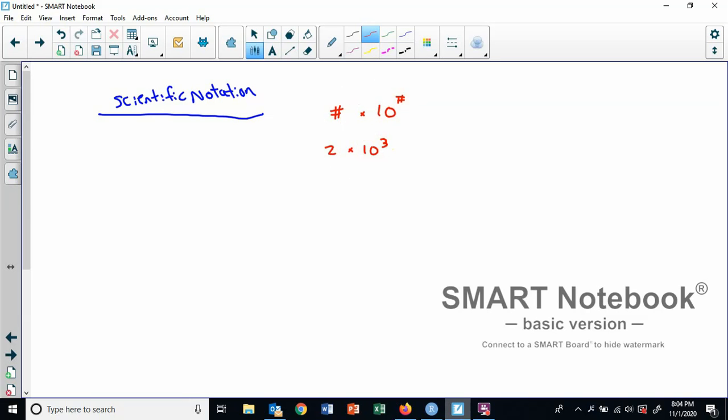For instance, a number like 0.0000000000006, that's a really small number. I really would hate to have to try to figure out what this number is. But scientific notation gives us a really easy way to understand this number. We would write it with some number here, and however many places we have to move this decimal, okay? So I will teach you this, don't worry.